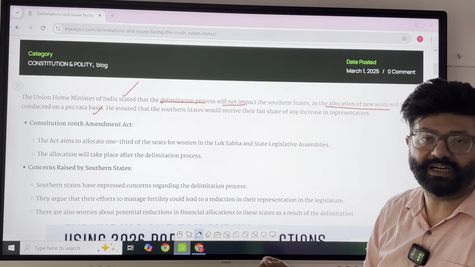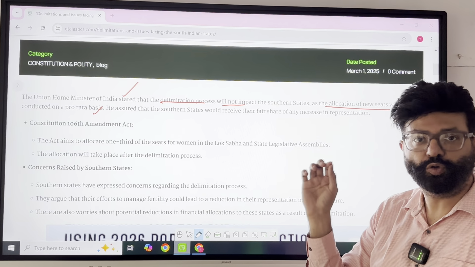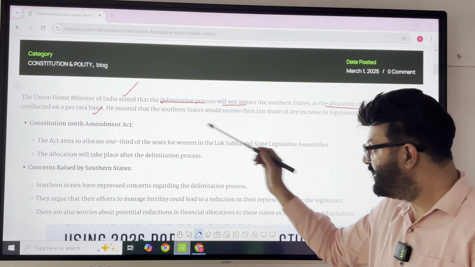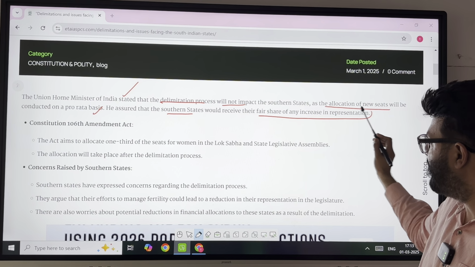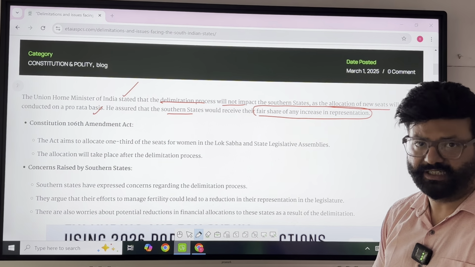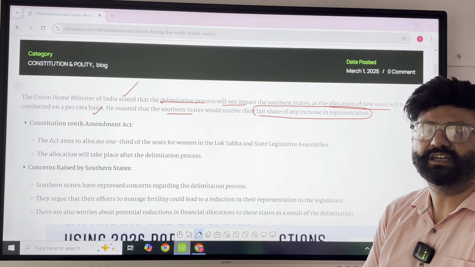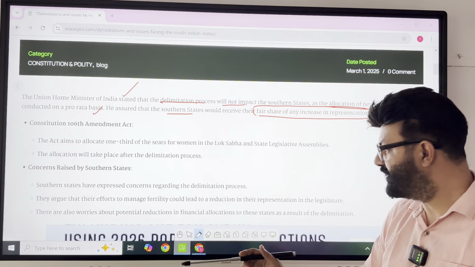Pro rata basis here means based on quantifiable data. So, he assured that southern states would receive their fair share of any increase in representation. So, he is taking the concerns of southern states into consideration.